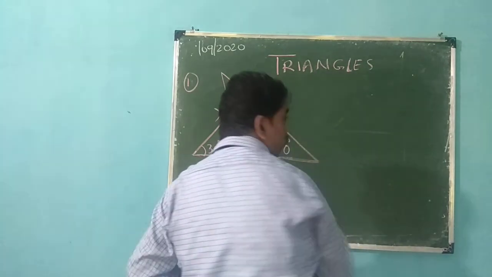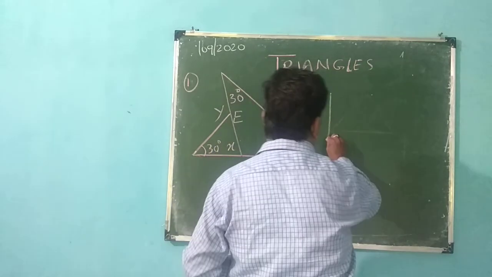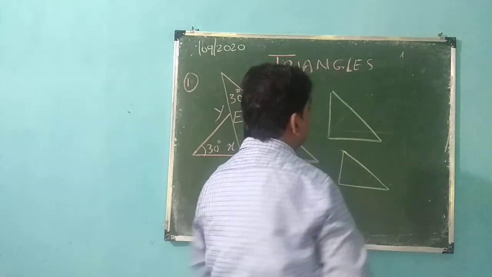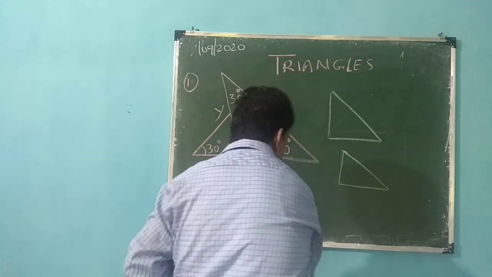In this case, let me draw two triangles. This is the hypotenuse, this is the hypotenuse.